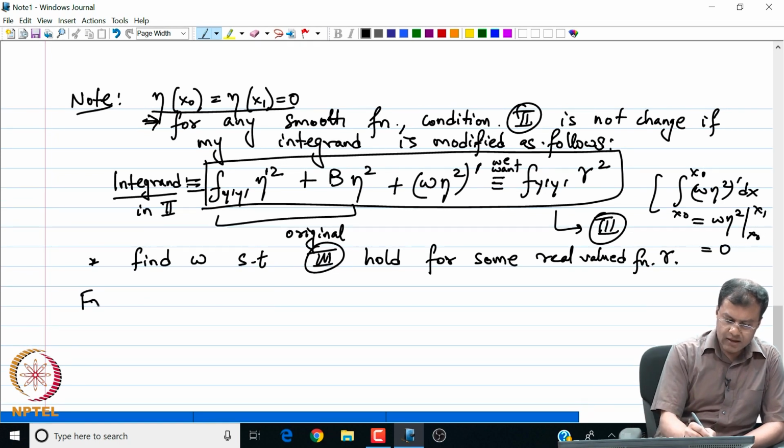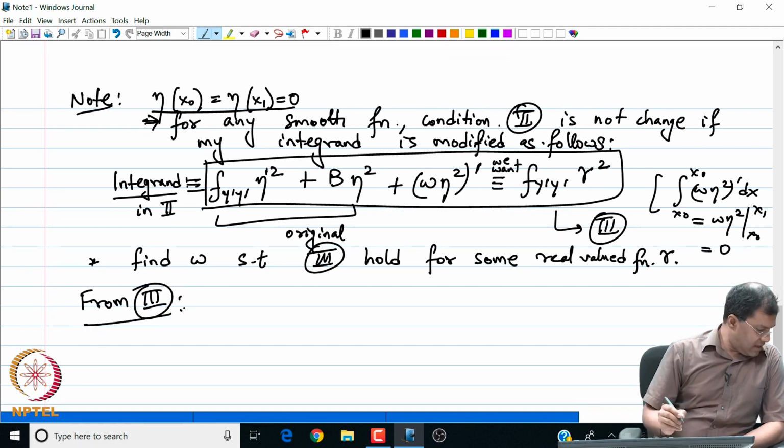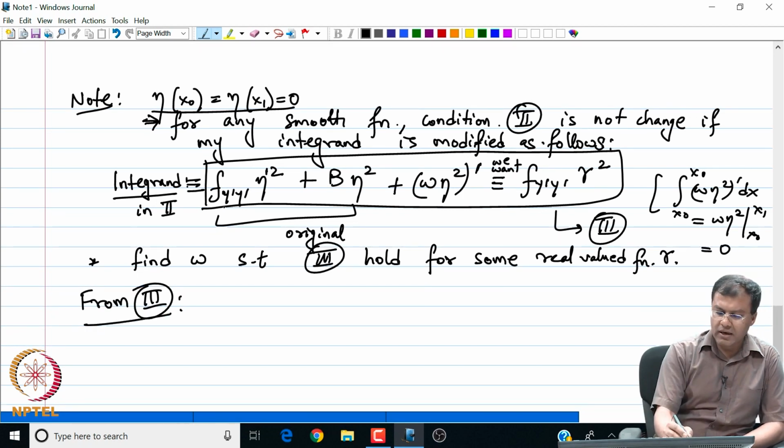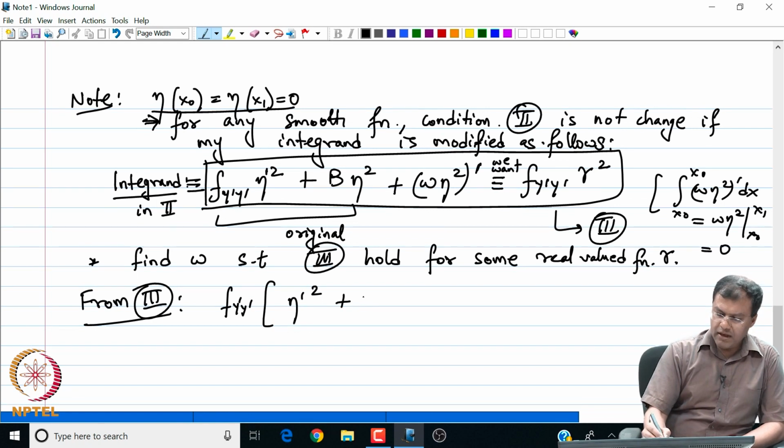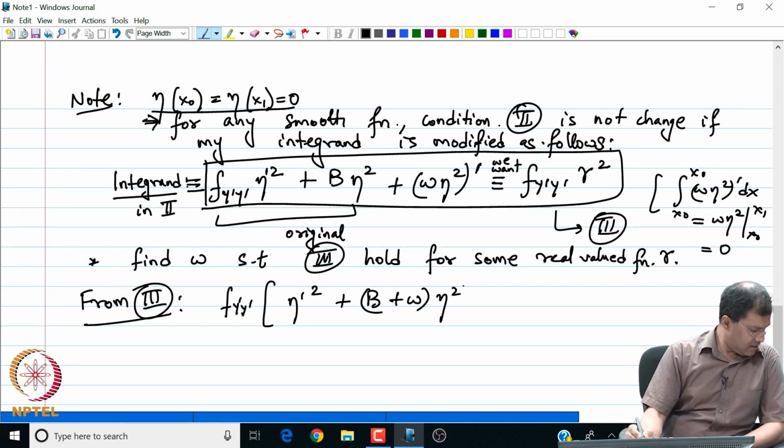So from 3 what we get is the following. We can take this quantity f y prime common out. So, f y prime taken common out, I get the quantities eta prime square plus b plus omega eta square, and omega prime divided by f of y prime.